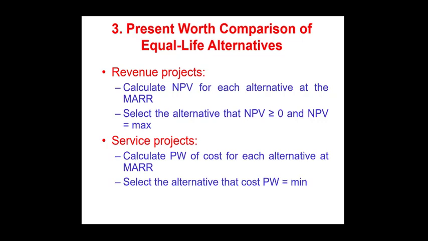Okay, that means 2 conditions. There are 2 conditions to select the best alternative. The first condition is that it has a net present value larger than or equal to 0. That means it is a financially viable project.